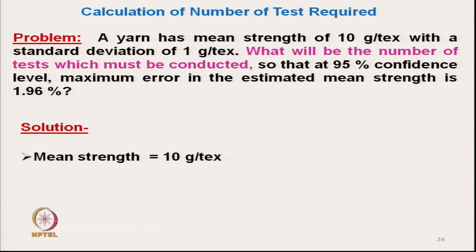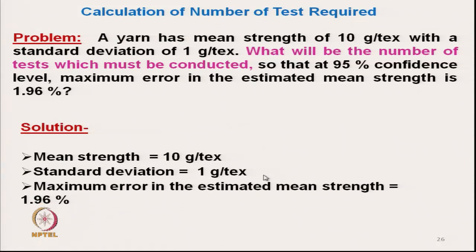Now, what are the given data? Mean strength is given, 10 gram per tex. Next, what is given? Standard deviation is given, it is 1 gram per tex. Now, the maximum error is given in percent, it is not in value.